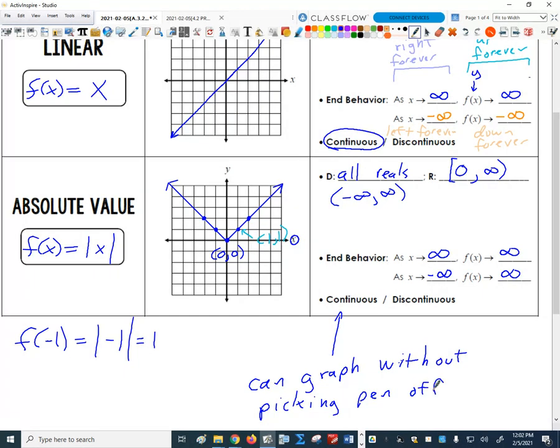What do you think, Carson? Continuous or discontinuous? Continuous. Good job. Okay. And most importantly, the graph. That's the main thing, right? So there's the absolute value parent graph.